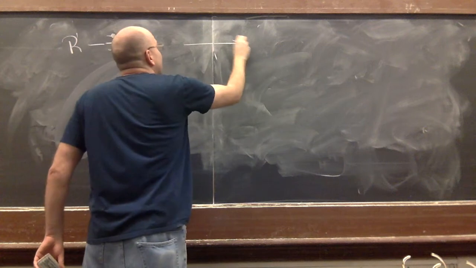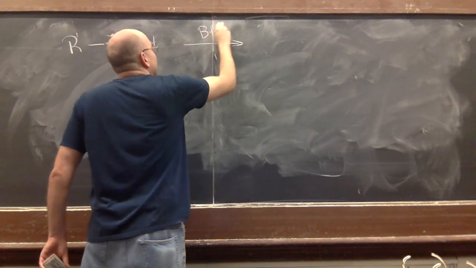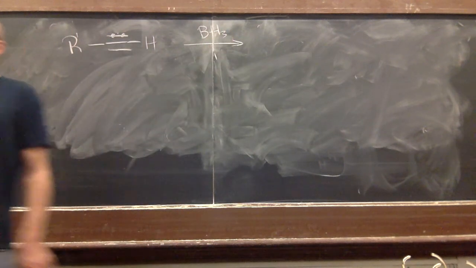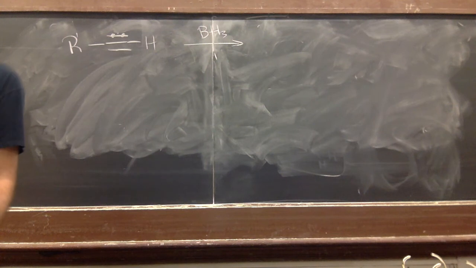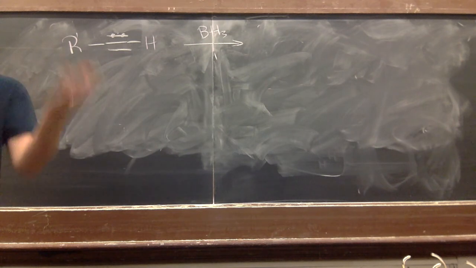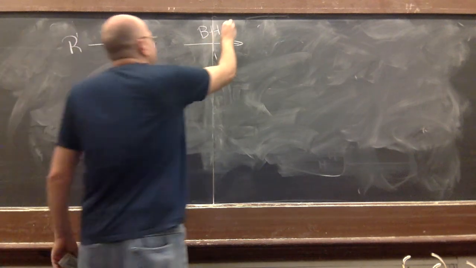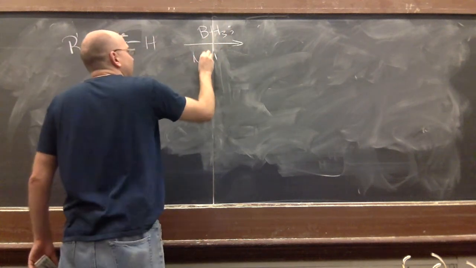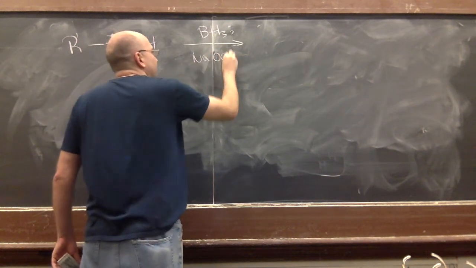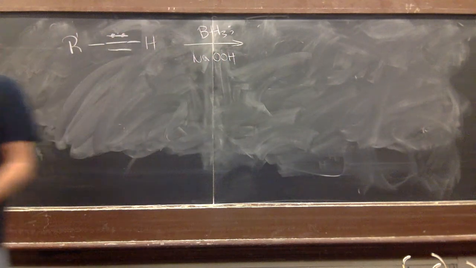So if we have BH3, there is one other reagent that we need following the BH3. Do you remember what you need? H2O2, or sodium, yeah, basically H2O2. Usually it's technically the sodium version of it, but basically it's hydrogen peroxide.